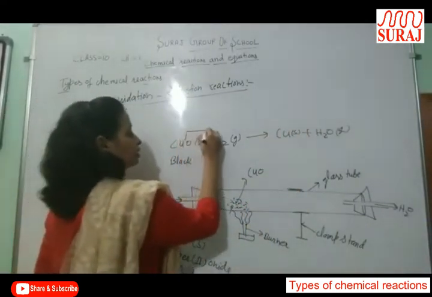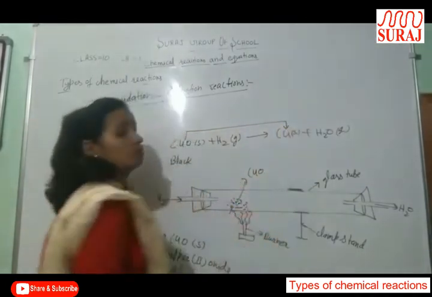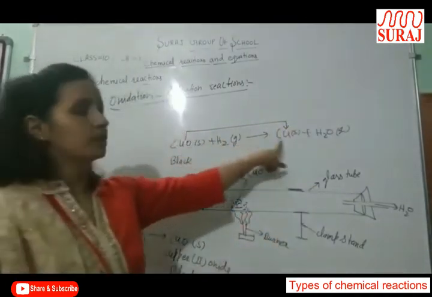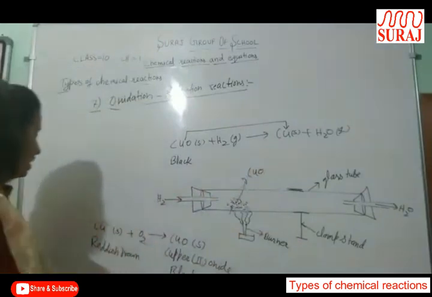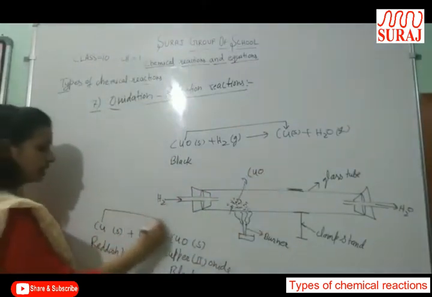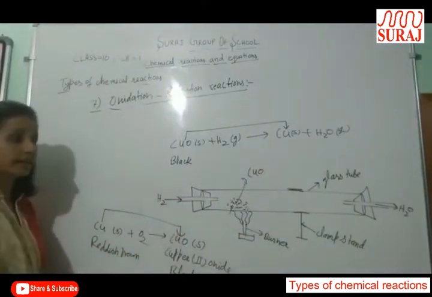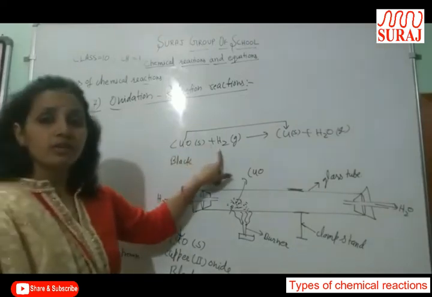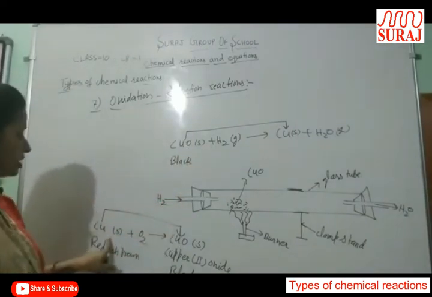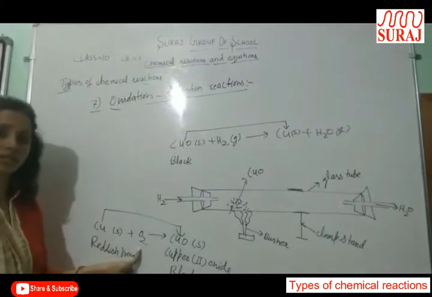Now copper oxide is converted to copper, and here copper is converted to copper oxide. This reaction is taking place in the presence of hydrogen, and that reaction is taking place in the presence of oxygen.